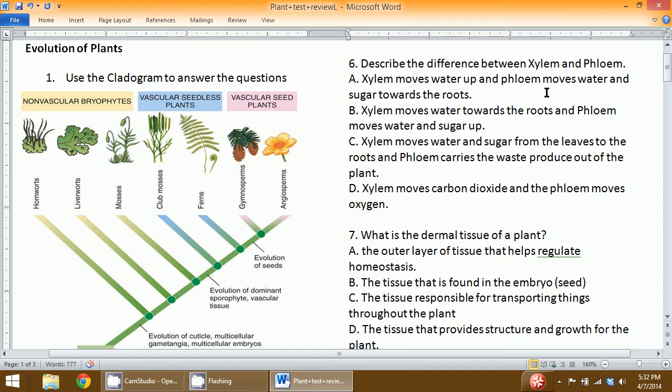Describe the difference between xylem and phloem. That's what I just went through. Xylem moves water up. Phloem moves water and sugar toward the roots. And if I had to say anything about this one, I would say that the xylem moves water and minerals up. So things that were dissolved in the soil.